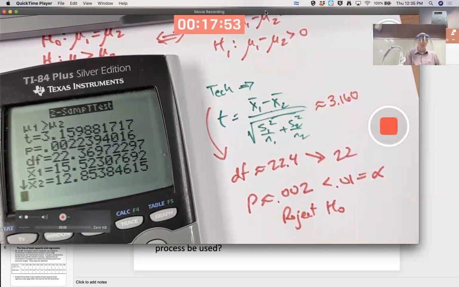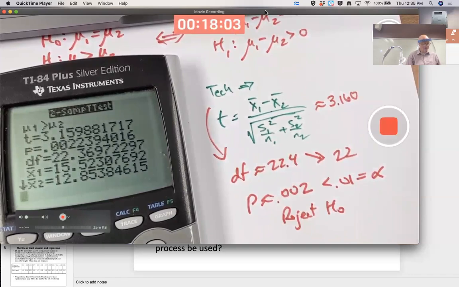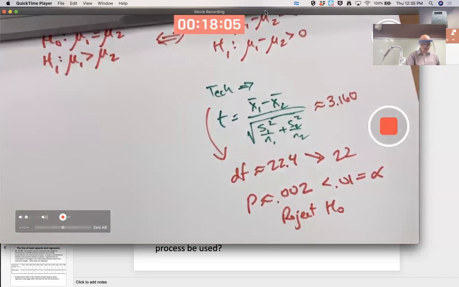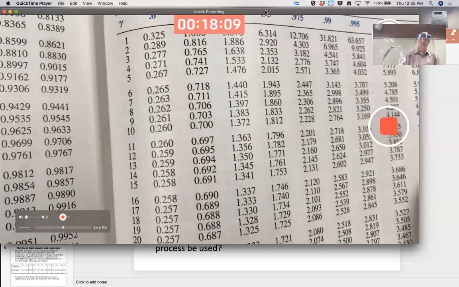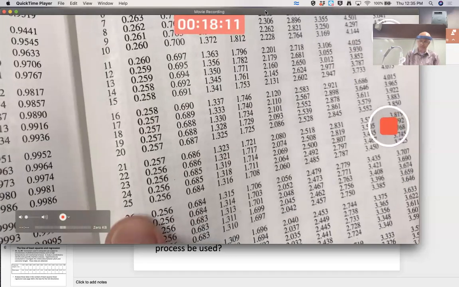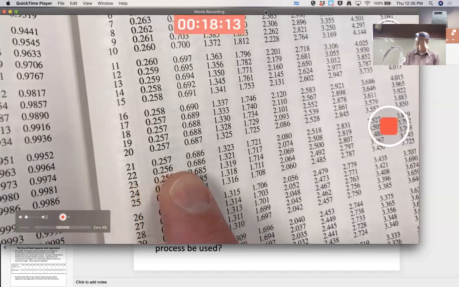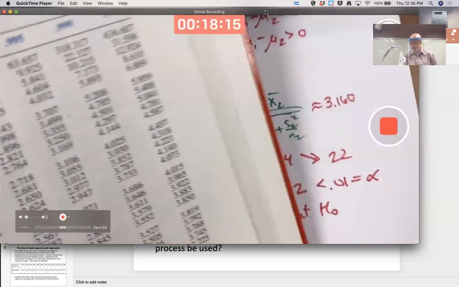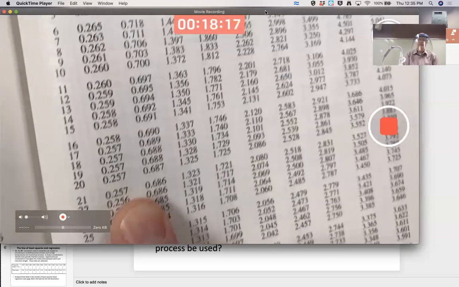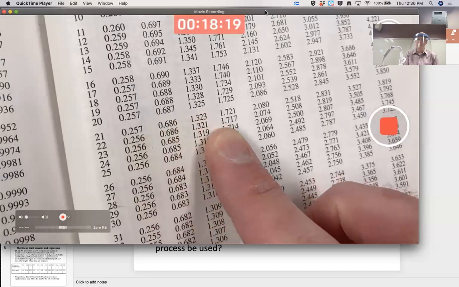Let's compare what would happen if we use this t statistic with 22 degrees of freedom with the table. Degrees of freedom, I'm looking at the t table, 22 degrees of freedom. I'm looking across that line. My t statistic again was 3.16. Where is 3.16 on this line?